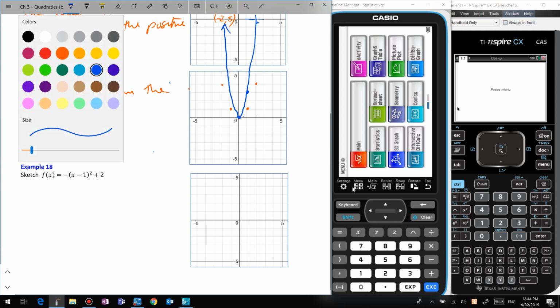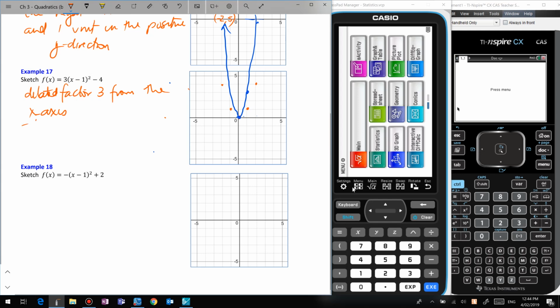Then we've got to take into account the fact that it's been translated right 1 unit, in the positive x direction, and 4 units in the negative y direction.